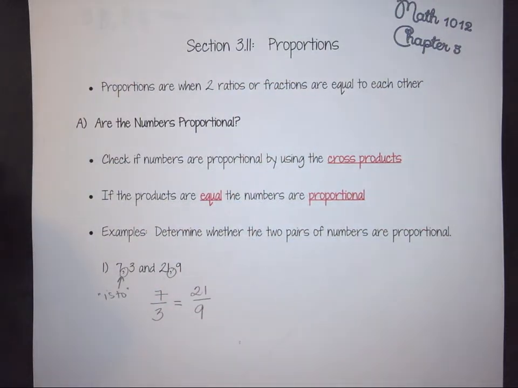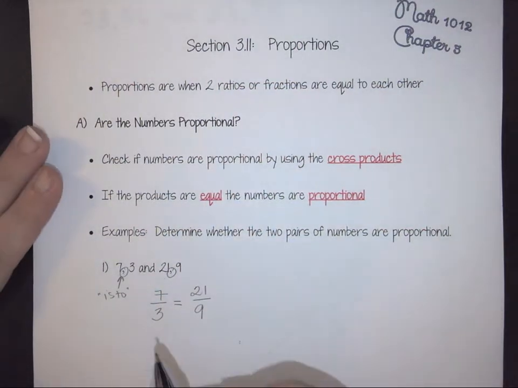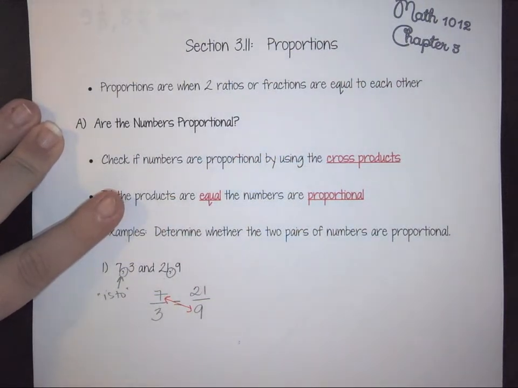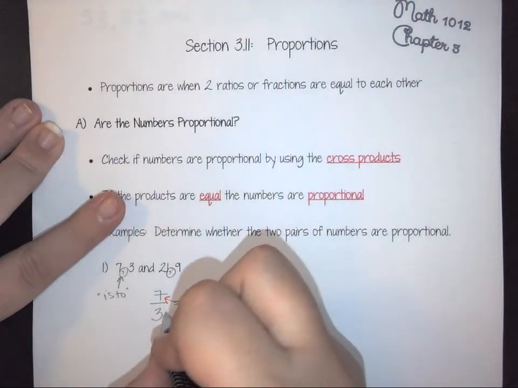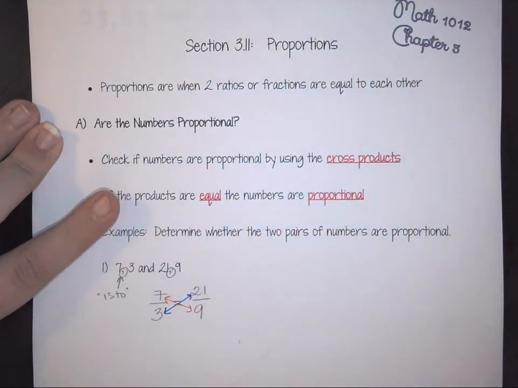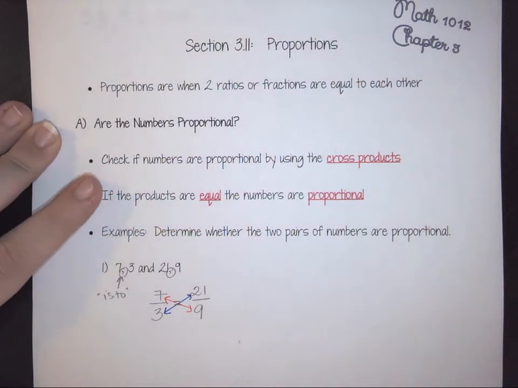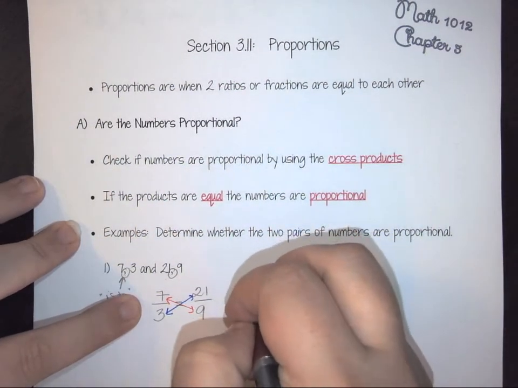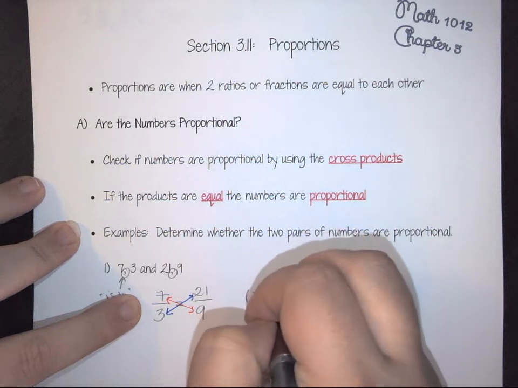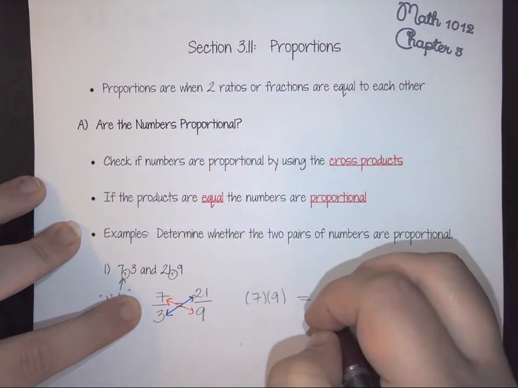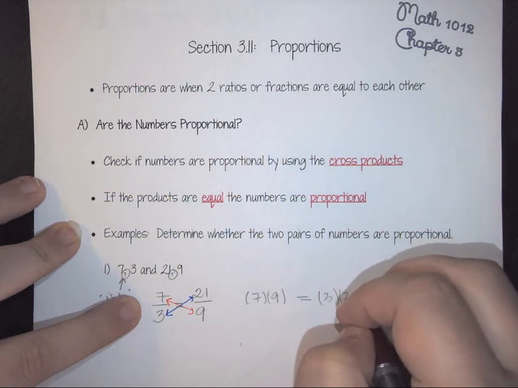So what the cross product says is I'm going to take the top of one side and the bottom of the other, and then vice versa, the top of the other side, bottom of the other. So what we're going to do is multiply. We're essentially going to do 7 times 9, and we're looking to see if that's going to be the same as 3 times 21.